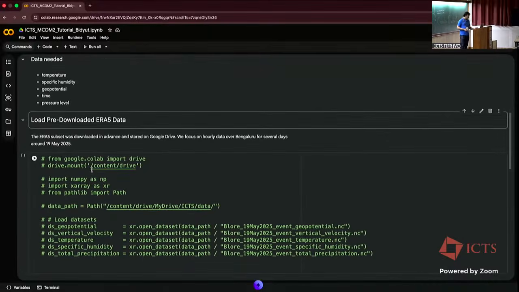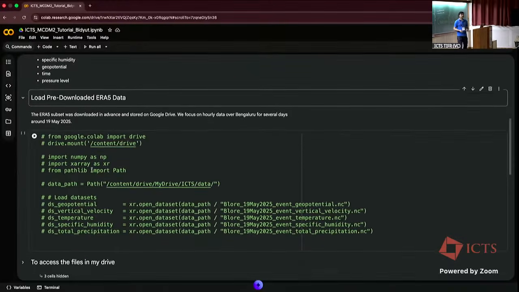Load the pre-downloaded data. You can see that this part I have commented, because this is what I was doing when I had the data in my Google Drive. But one thing I'm not sure about: when you access this, are you just seeing my code, or did you make a copy?